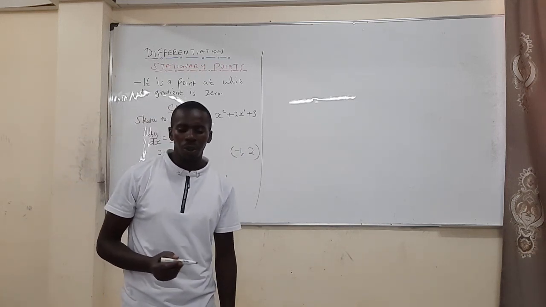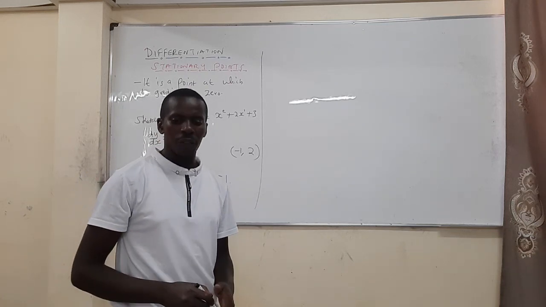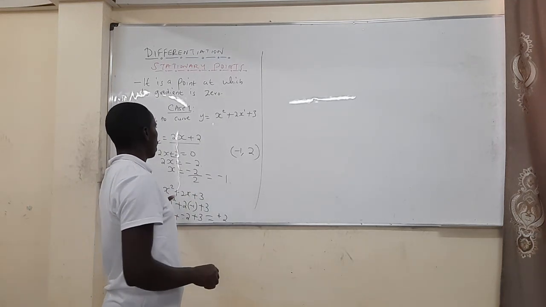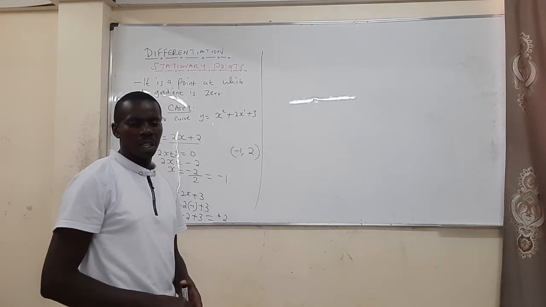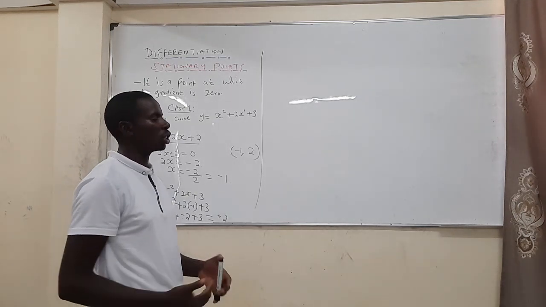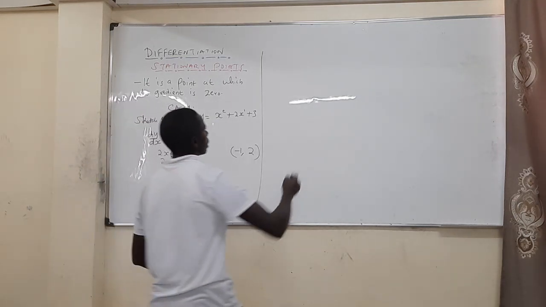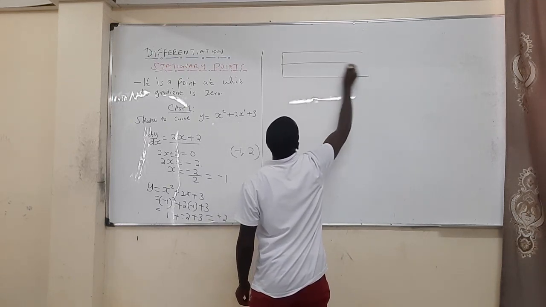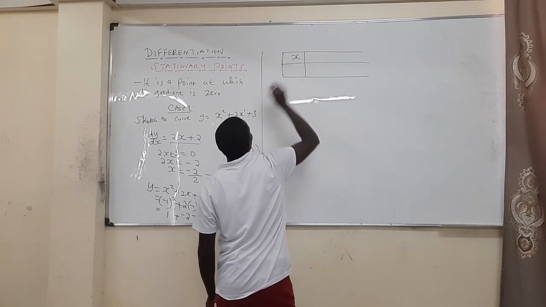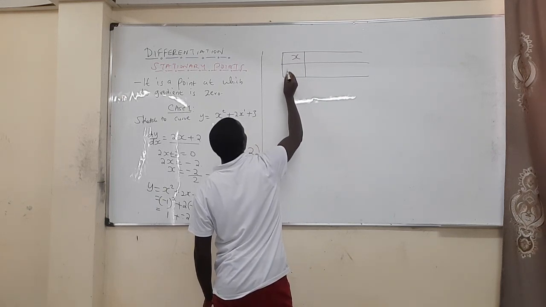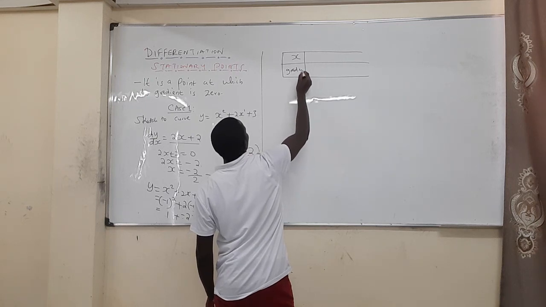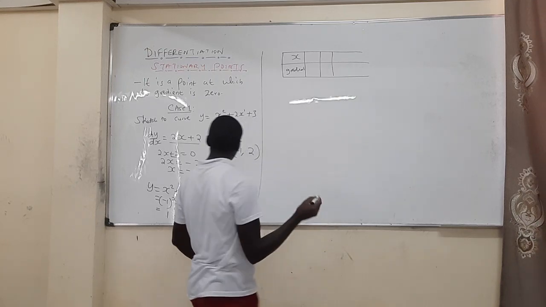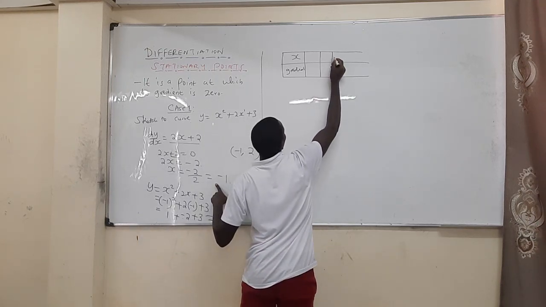Then we need to know the nature of this stationary point: on the left hand side and on the right hand side of the stationary point, how is the gradient changing? So we are going to make a table with the x values and then the gradient. The stationary point is at x equals minus 1.